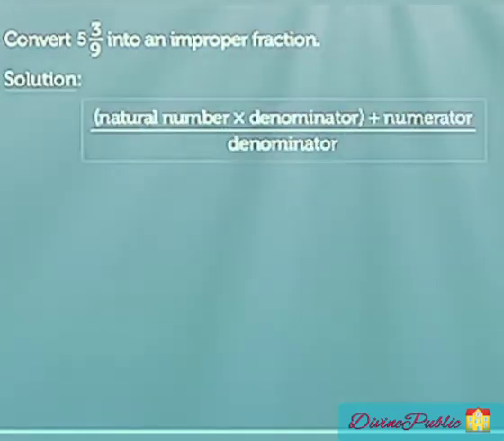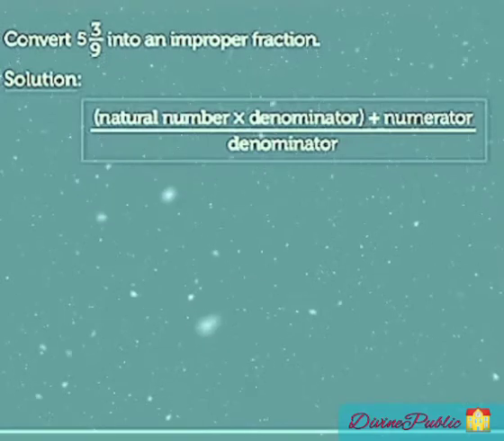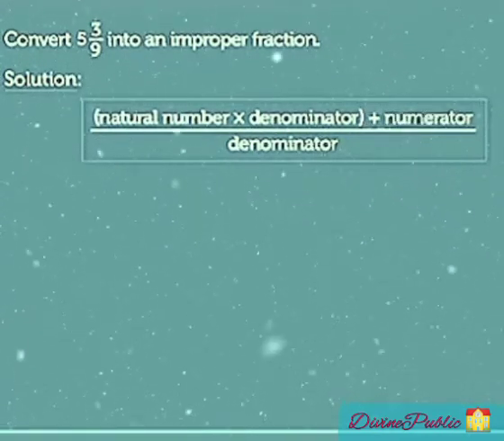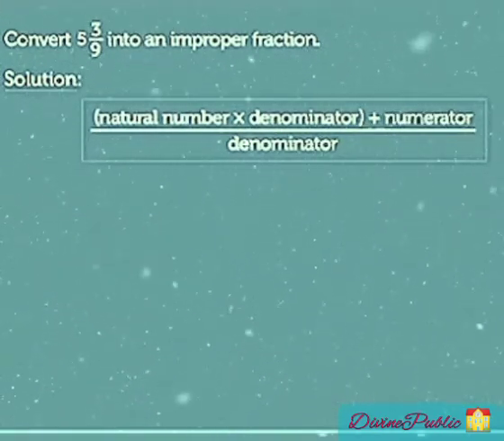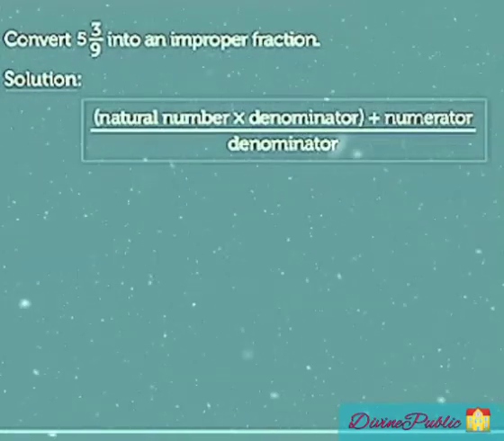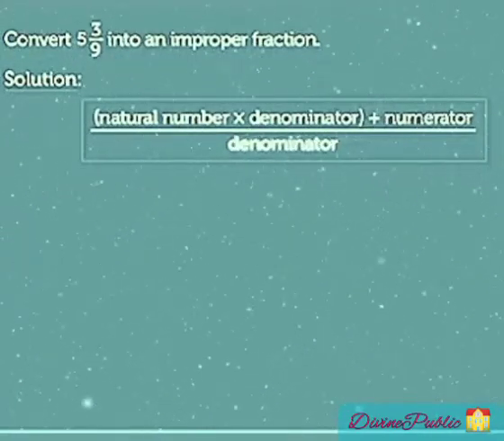To solve this, we have to multiply the natural number by the denominator and then add the numerator to the product to get the new numerator, and write the denominator as it is.